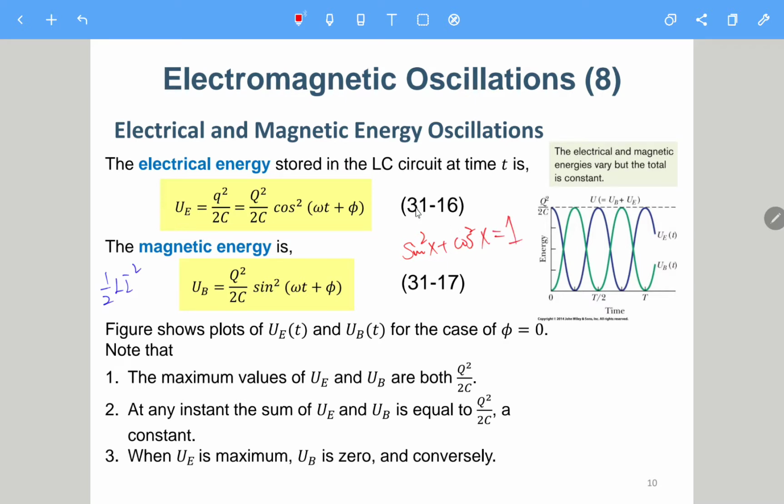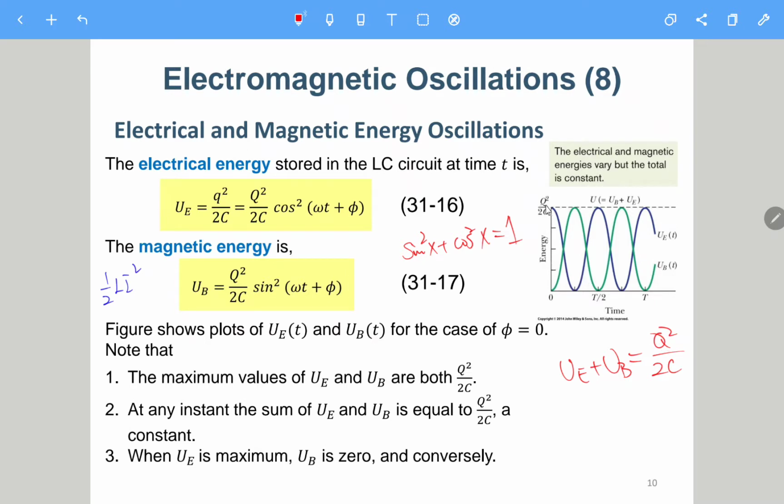So when we add them together, UE plus UB will be nothing but Q squared over 2C, which is a constant, because Q is the maximum charge, C is a constant, and 2 is of course a constant. So the total energy doesn't change, as we expect.